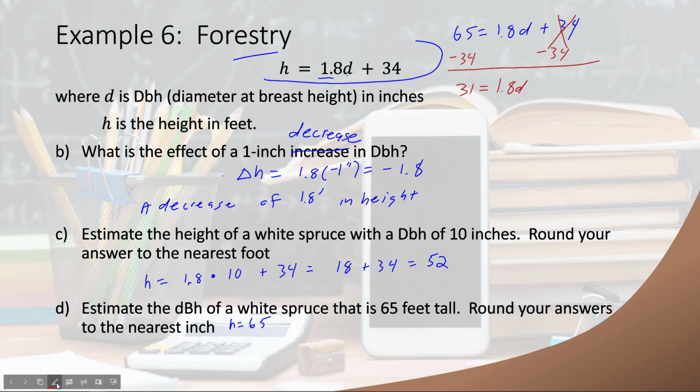We are going to divide both sides by 1.8. These will cancel. We will have d, and that will be equal to 31 divided by 1.8, which is 17.2 inches. We want to round to the nearest inch. This is less than 5, so this rounds to just 17 inches.